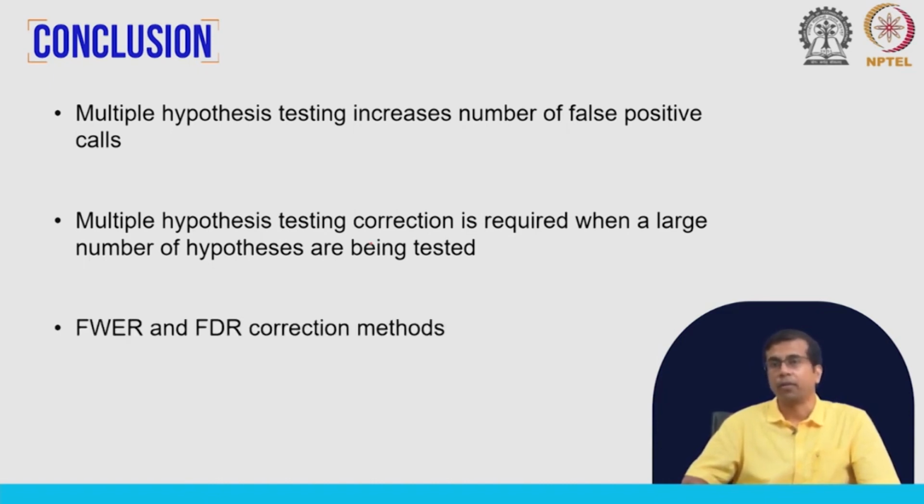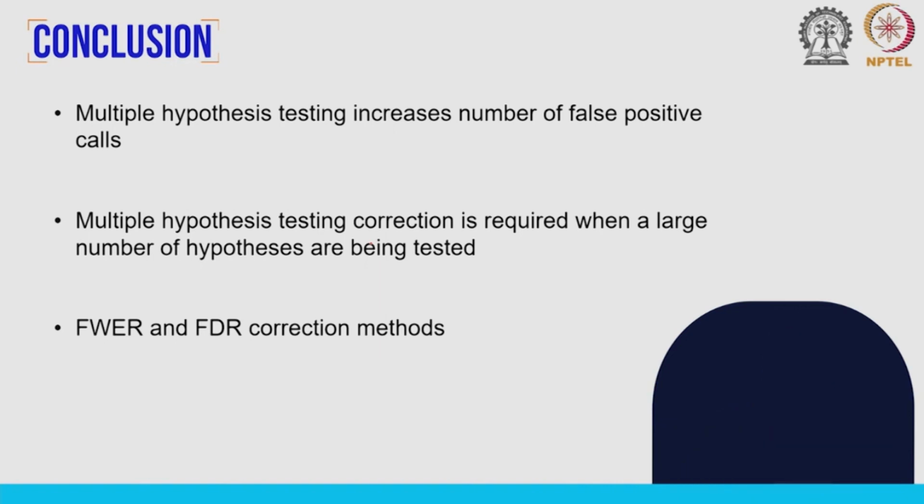We have talked about the first type of methods here. We have mentioned there are two types of correction methods that exist. One is family wise error rate correction and the other is false discovery rate correction, and in this class we have talked about family wise error rate correction, and two methods that help us do it.